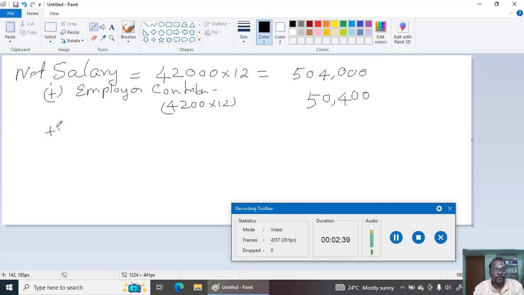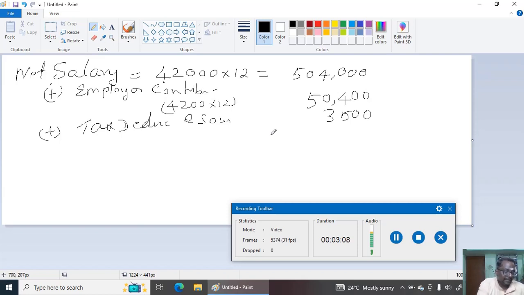Next, what is given in the sum is tax deducted at source, 3,500. That is one amount we have to add up.